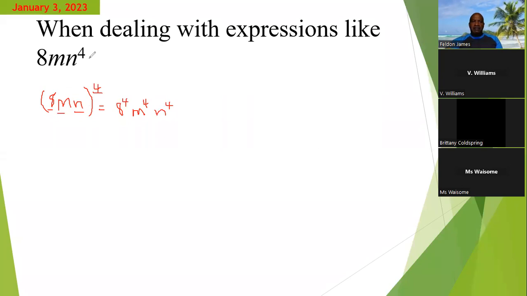But if you have symbols grouped together where you don't have any bracket that's separating the power, then it's only that symbol that the power is immediately above. Only that symbol takes that power.